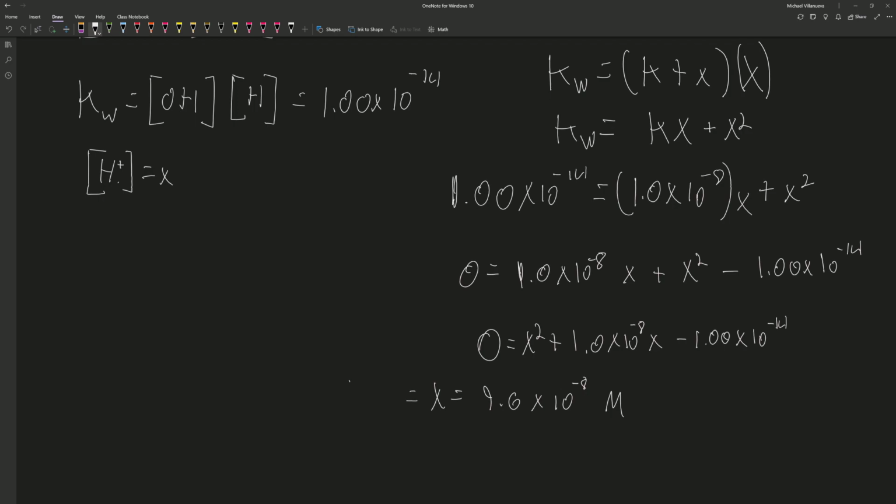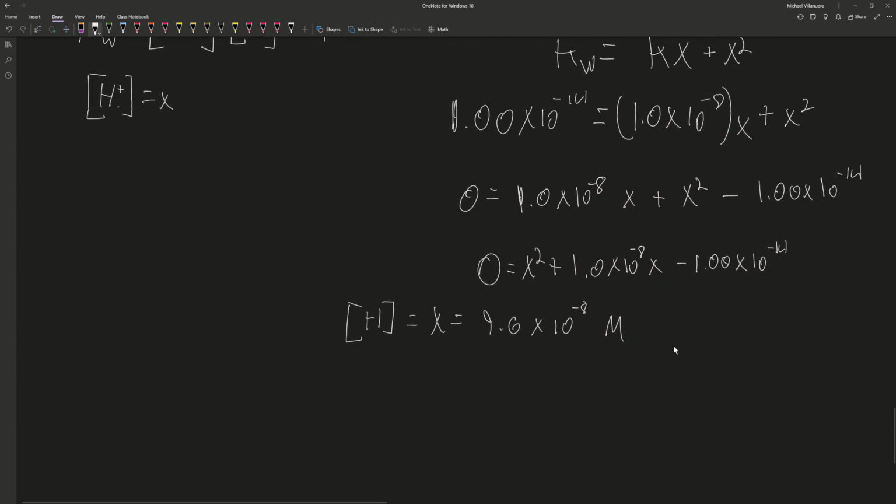This is going to be equal to the concentration of hydrogen. So now if we take pH as equal to the negative log of 9.6 times 10 to the negative 8th molar, we will get pH equals 7.02, which makes sense.